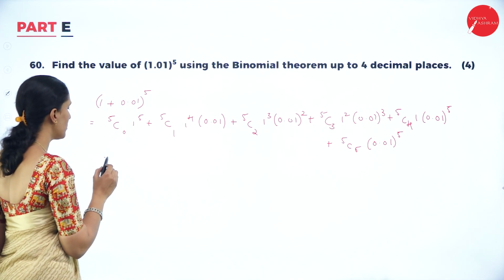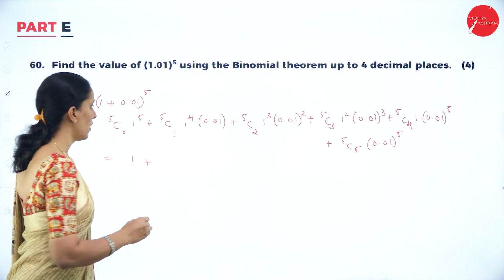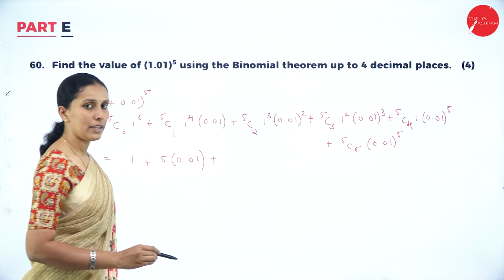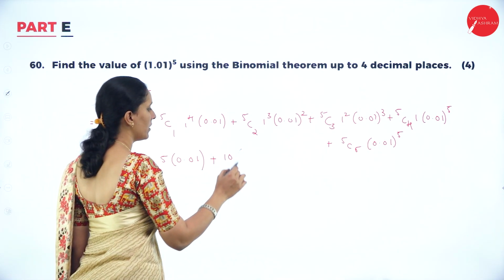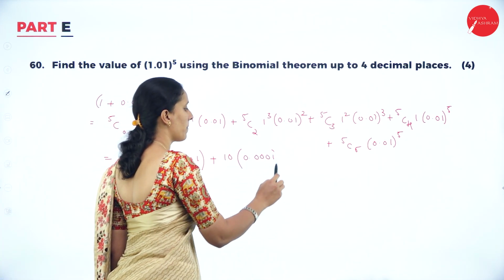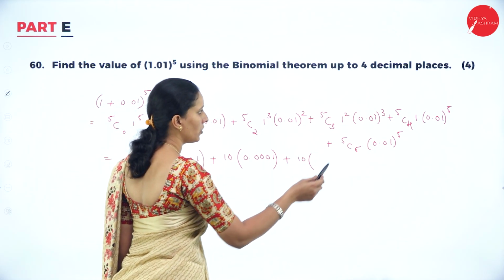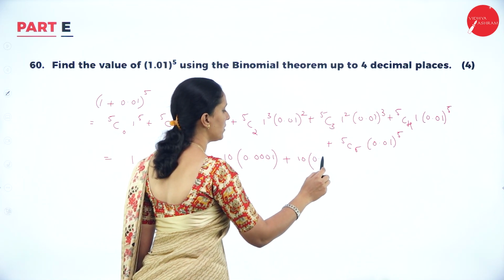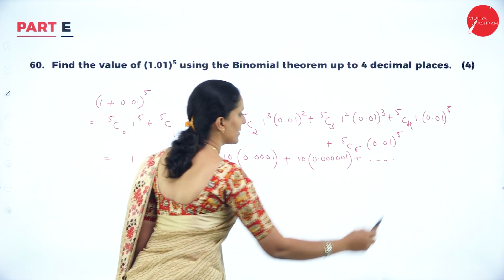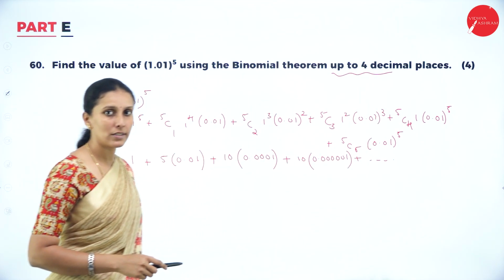Now let's find the expansion here. 5C0 is nothing but 1. 1 power 5 is 1. So it is 1. 5C1 is 5, times 0.01. 5C2 is 10, times 0.01 whole square, which is 0.0001. Next we have 5C3, which is 10 again, times 0.01 whole cube, which is 0.000001, plus etcetera, because they have asked us to approximate up to 4 decimal places.